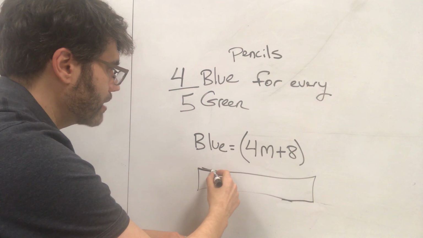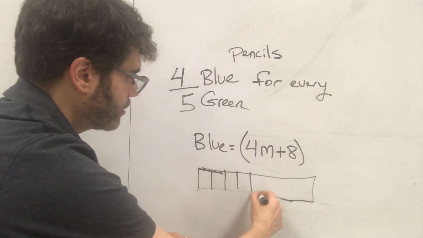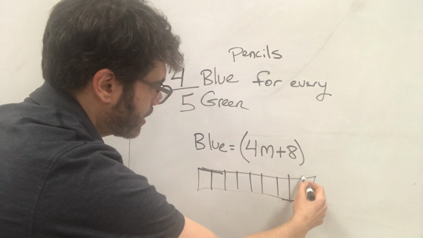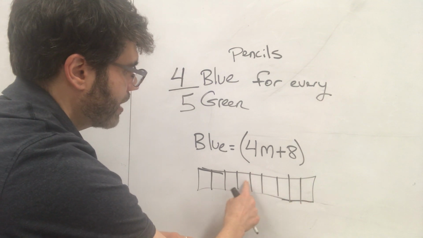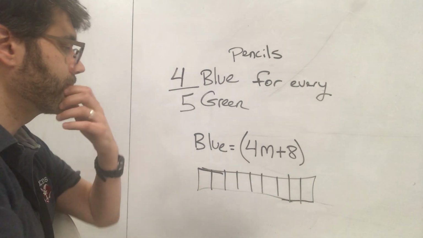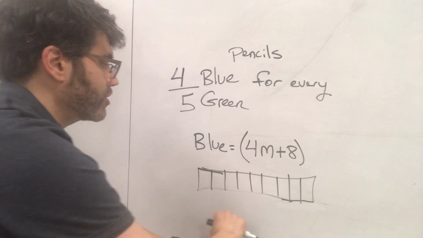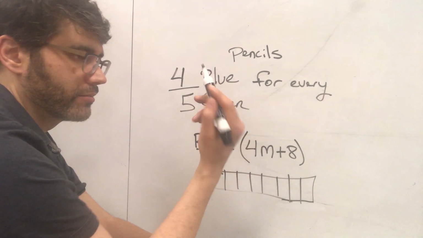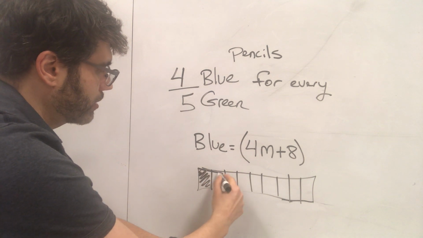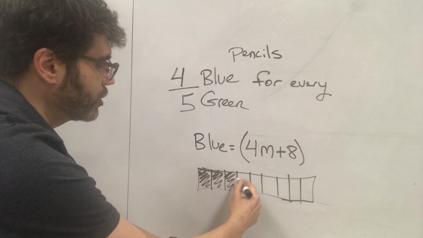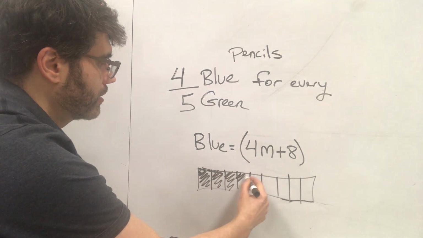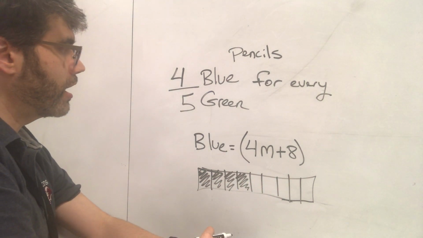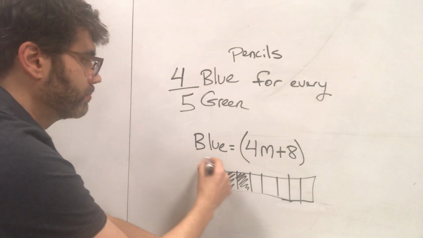So let's say that's, let's see if I can do this relatively okay. 1, 2, 3, 4, 5, 6, 7, 8, 9. Great. Okay. So let's say we have 9 sections. We know that 4 of them, I wish I actually had coloring markers, but let's say the shaded ones here, these shaded 4, are going to represent the blue.